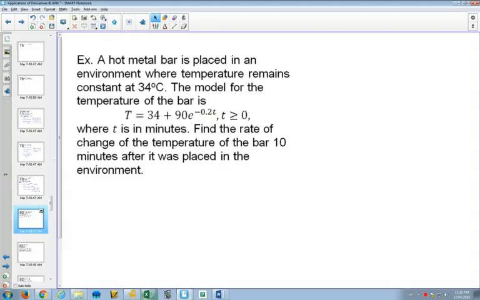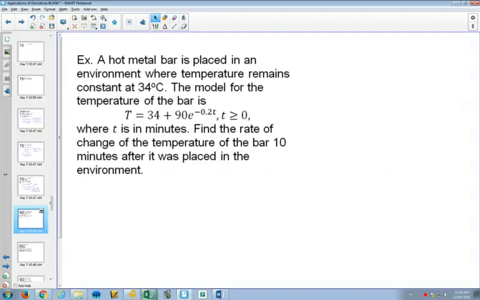So a couple things just to notice about this equation. You've got a hot metal bar. We could figure out how hot this metal bar is right at time 0. If you put 0 in for time, e to the power 0 is going to be 1. You're going to add 90 degrees, so it's at 124 degrees Celsius. I think that's pretty hot. I'm thinking you don't want to grab this metal bar.